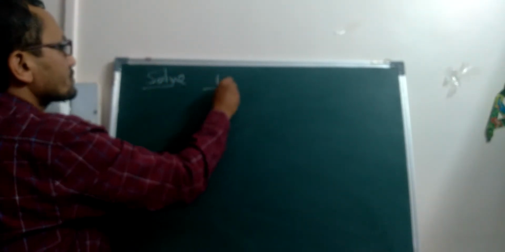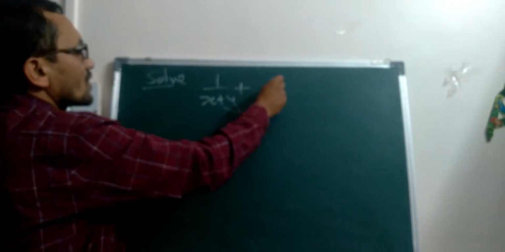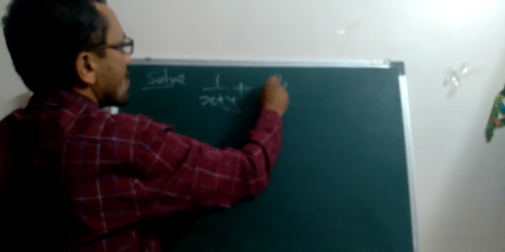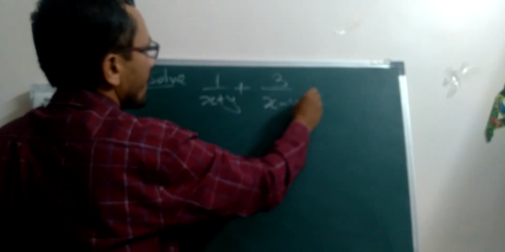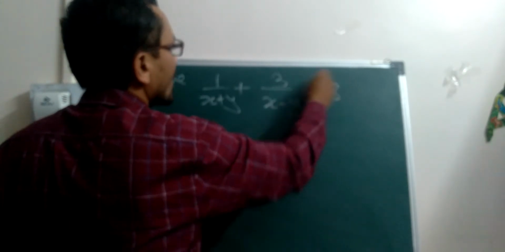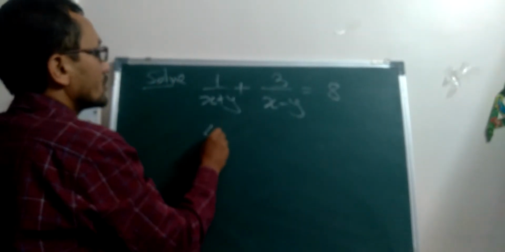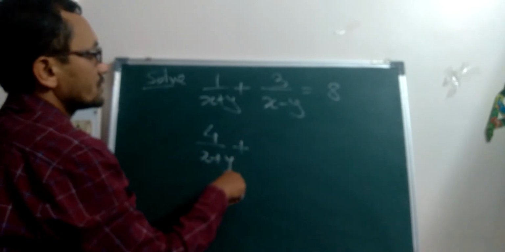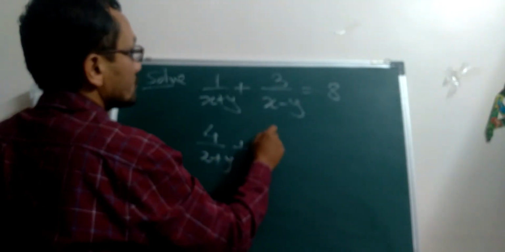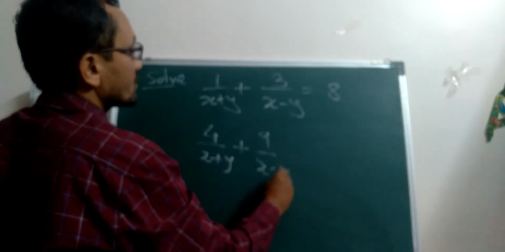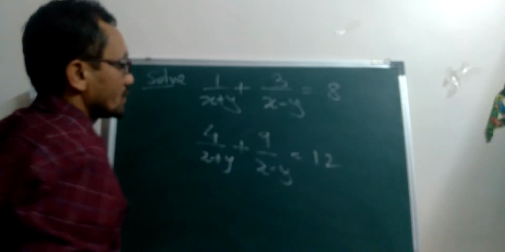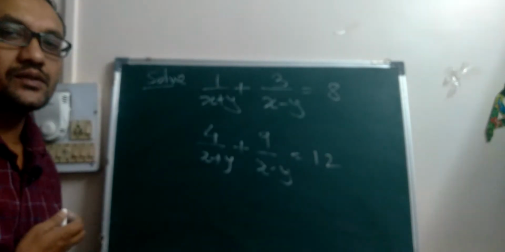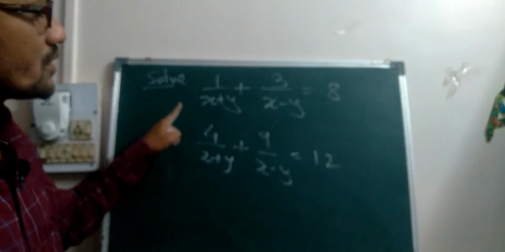suppose 1 upon x plus y plus 3 upon x minus y is equal to 8, and 4 upon x plus y plus 9 upon x minus y is equal to 12. Now here also there is a simultaneous equation with two variables.